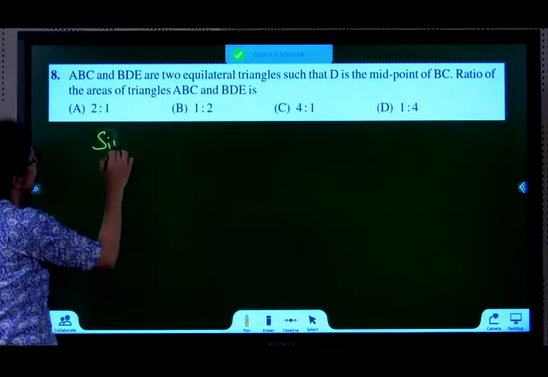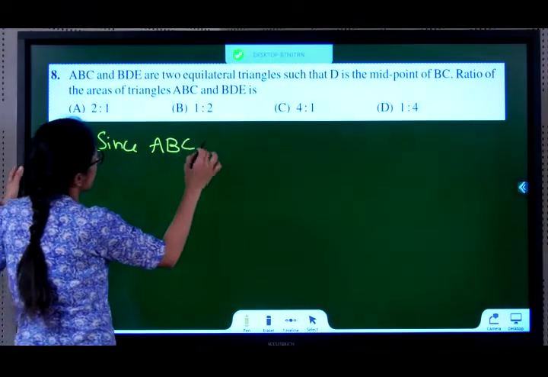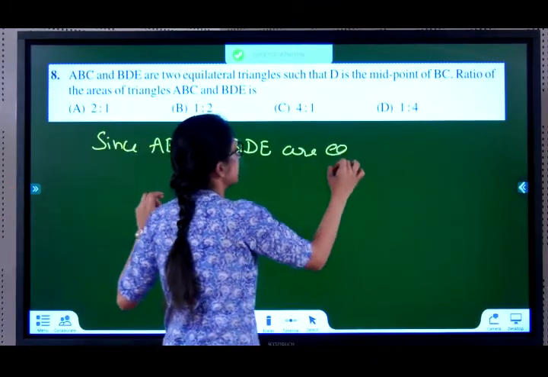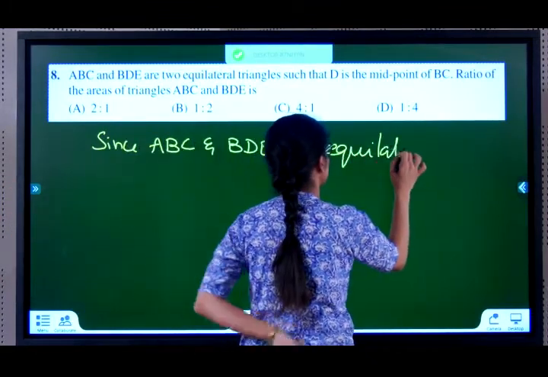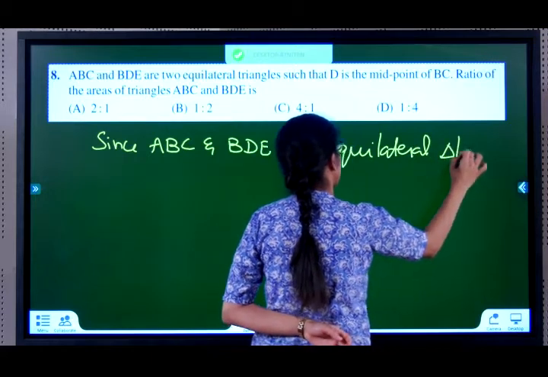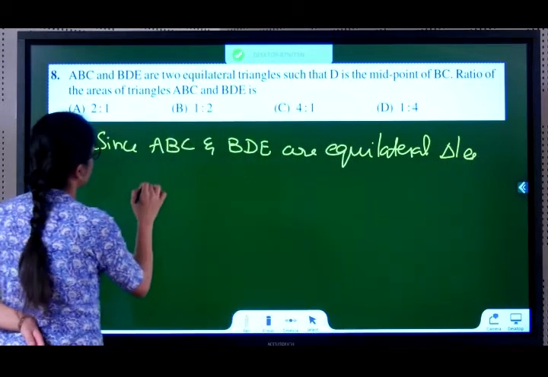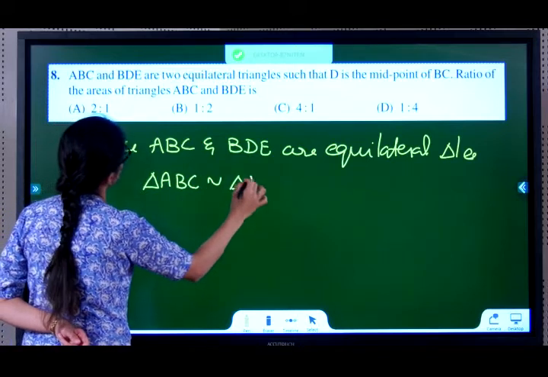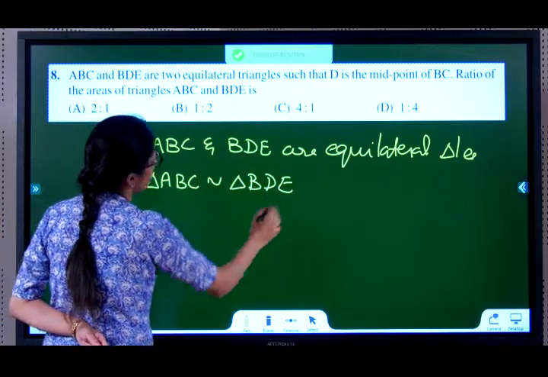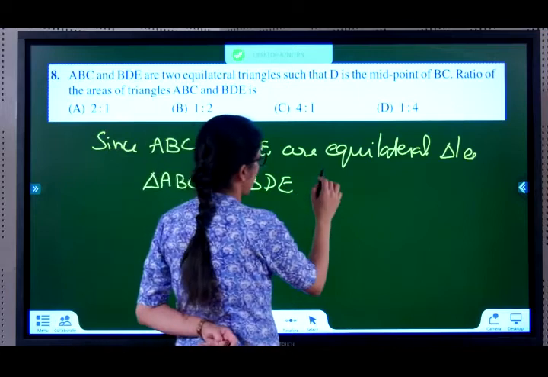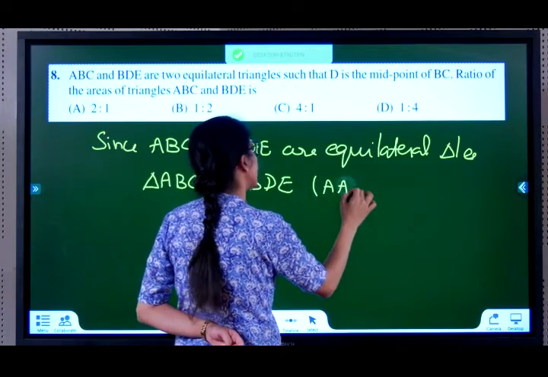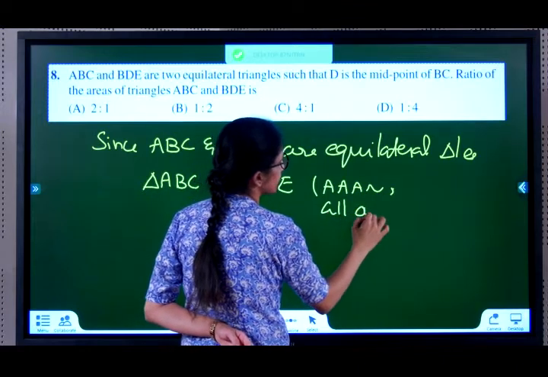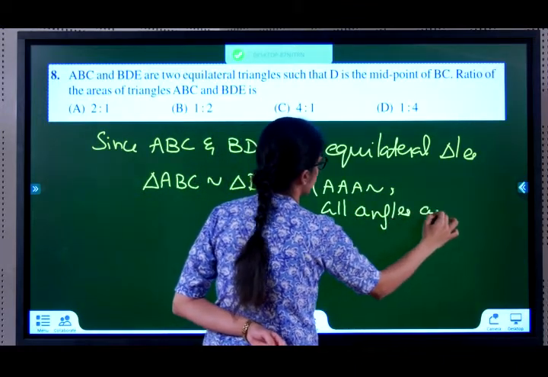So can I say triangle ABC is similar to triangle BDE? What's the reason? AA similarity criteria. How? All angles are 60 degree. In an equilateral triangle, all angles are 60 degree.